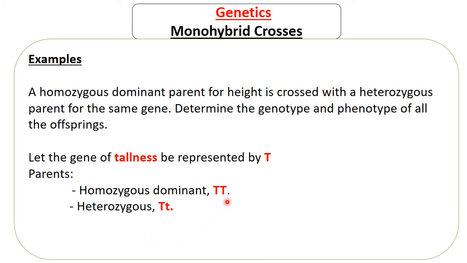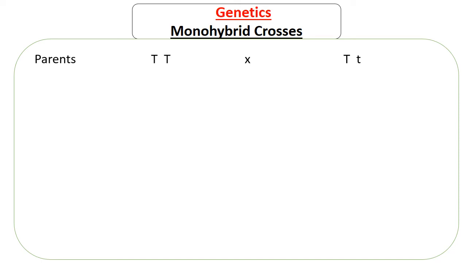So let's see what kind of kids they can have. What you do is you write the genotypes of the parents, TT, then we're crossing it with Tt. Now we're going to do different combinations of the alleles. This allele and this allele are going to combine like so.